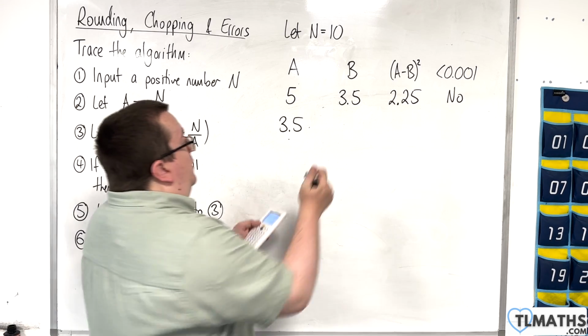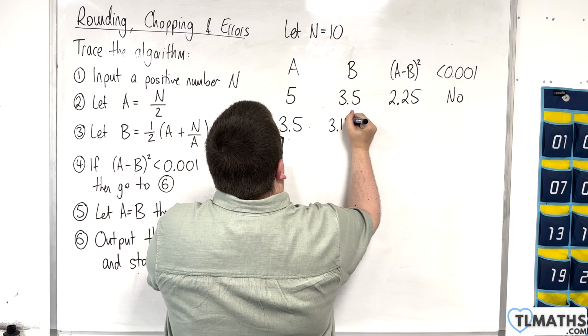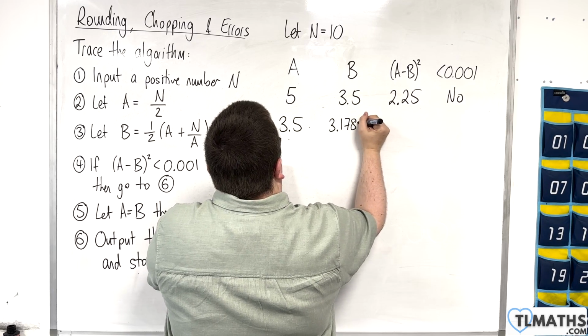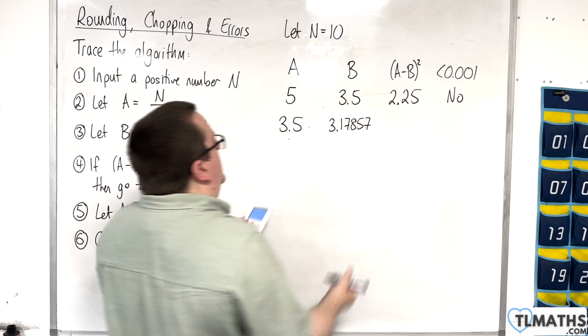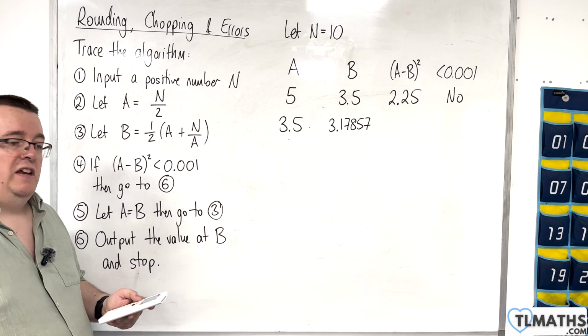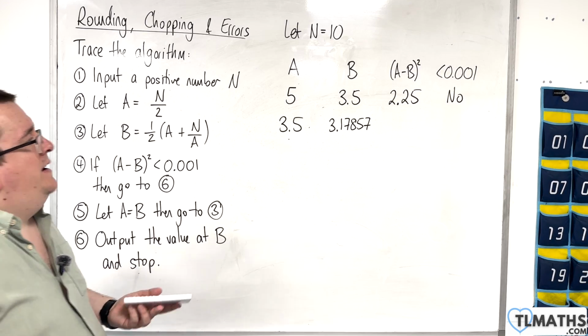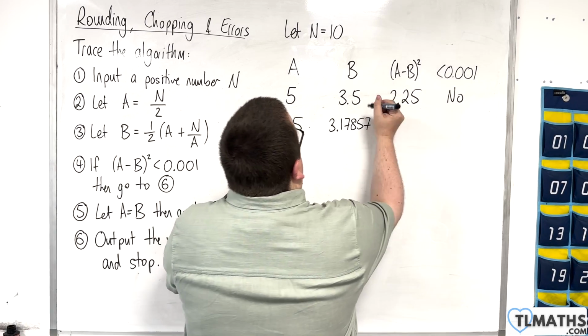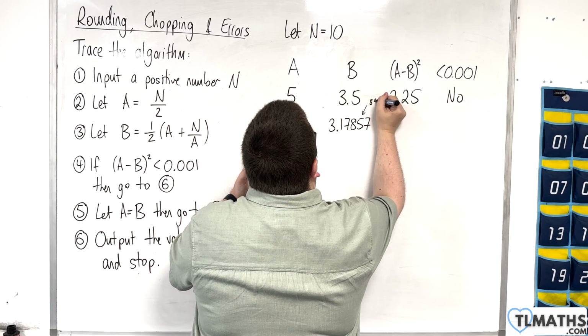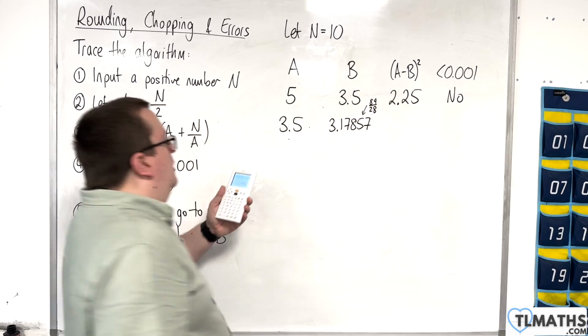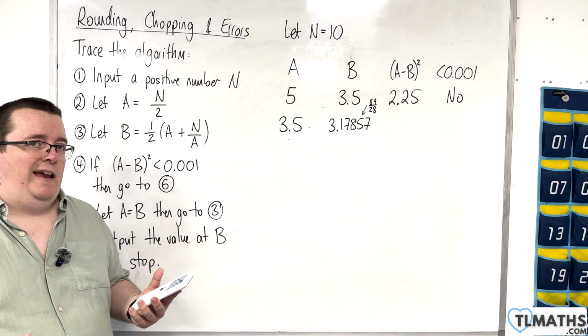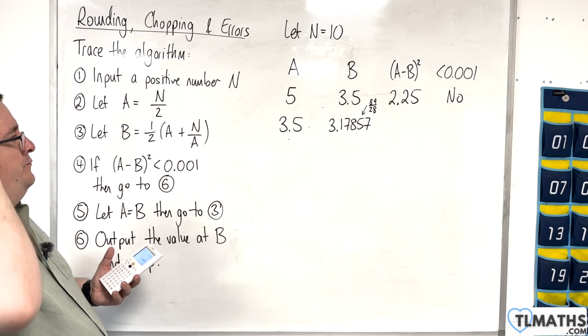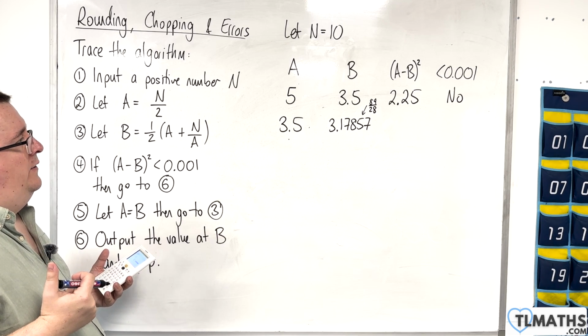And we get 3.17857. As I said, I'm going to round that to 5 decimal places. Now the exact value for that is 89 over 28. So I'm just going to jot that down in case I need it, but I'll leave it there as it is.